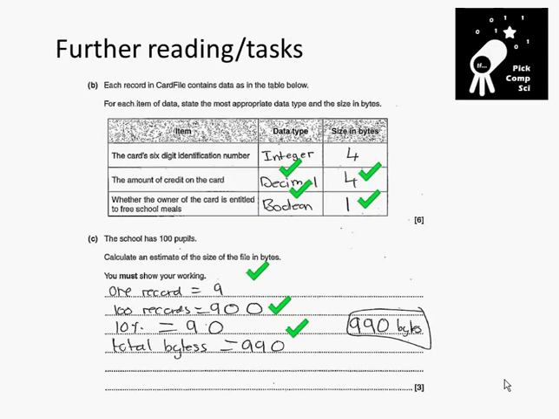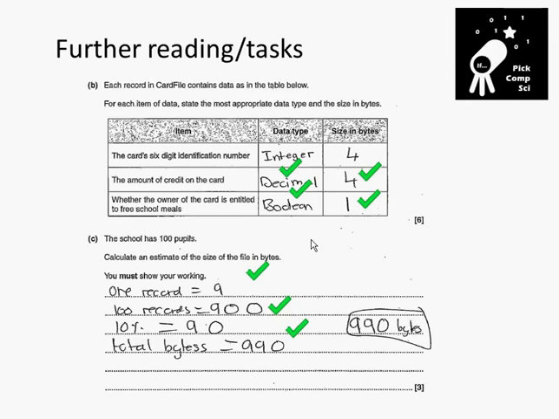One of the sort of things you might get asked about in an exam with regards to data types is where we're given a description of some variables and asked to identify which data type would be best suited for those variables.